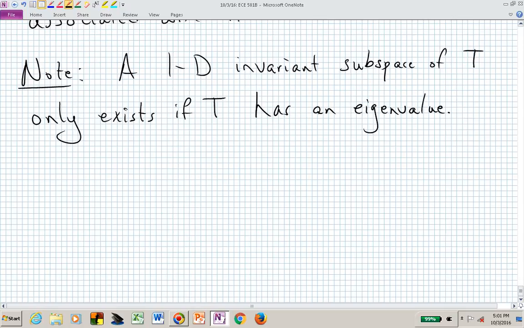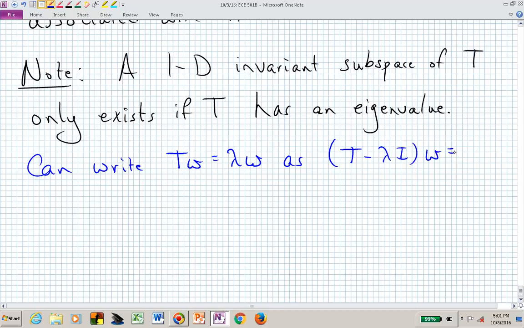Meaning the only way that we can have a 1D invariant subspace of T is for that subspace to basically, when you use T as its map, map back into a scalar multiple of that particular vector. And that scalar multiple is our eigenvalue, lambda. If that's the case, then we can write Tw is equal to lambda w, and we can now pull that to one side and say that T minus lambda I times w is 0.